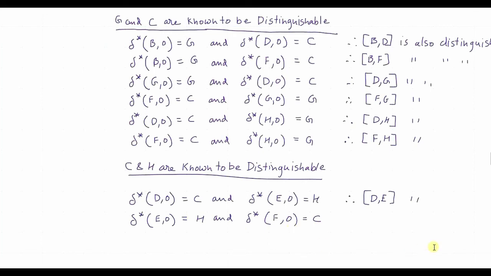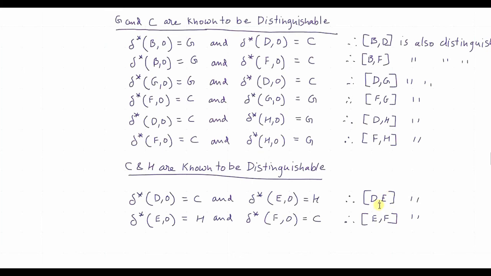So you get another pair, that is E and F. So these two newly added distinguishable pairs, I am going to add them to the set of distinguishable states, and I will also add them into the table.